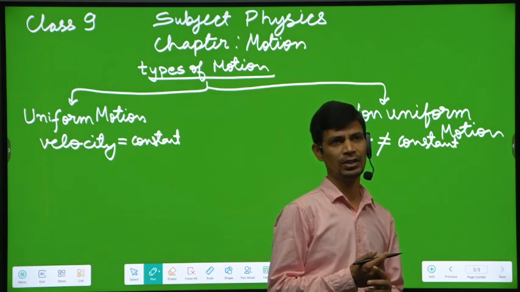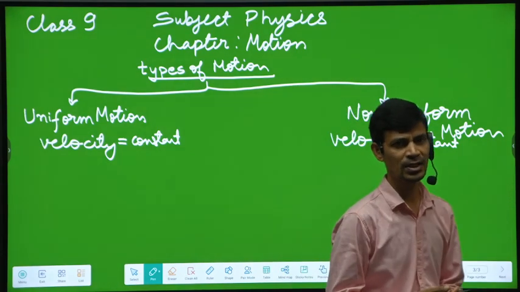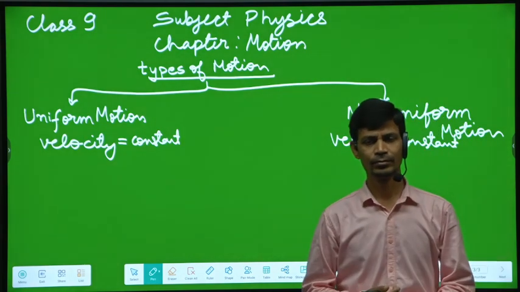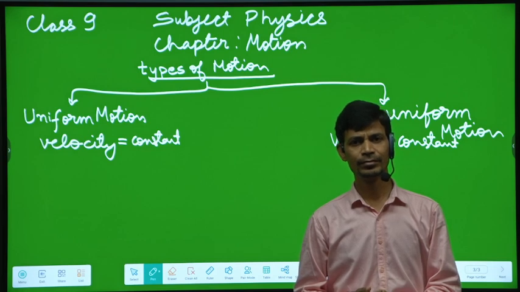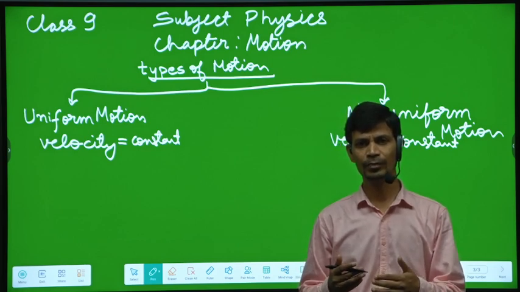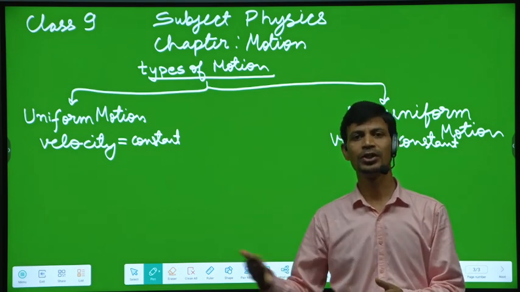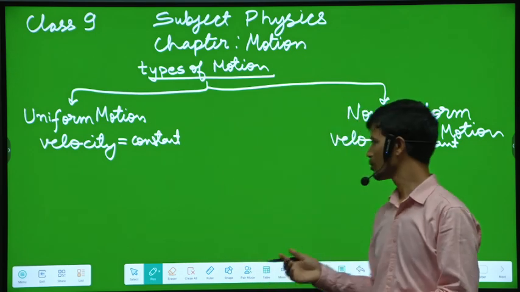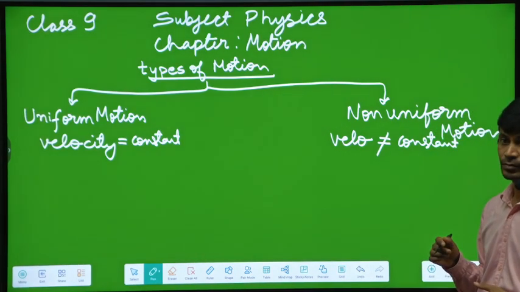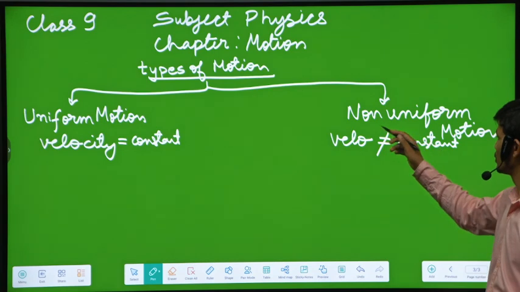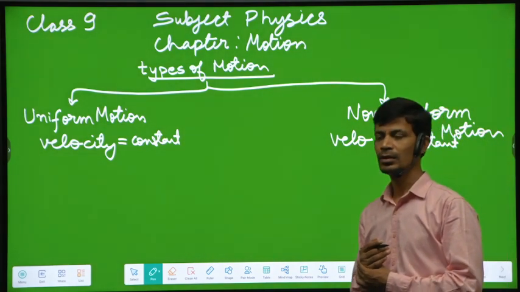Which way is velocity changing? Is it suddenly going from 5 meter per second to 10? There are no values in between. It is not going like 5.1, 5.2 and then reaching 10 meter per second. If that thing is happening, then it is non-uniform motion.